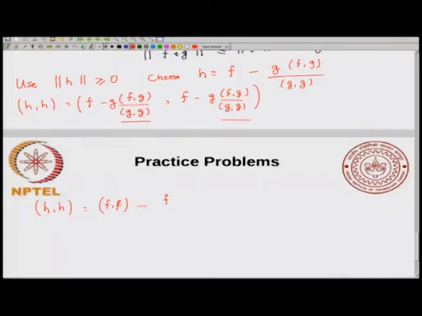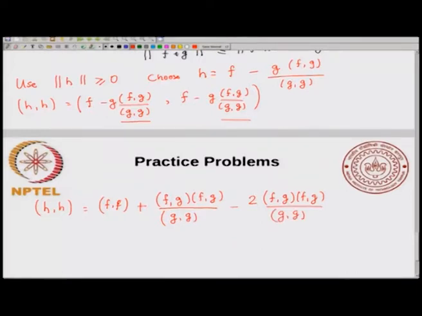Now one of the G G's will cancel, so I will have (F,G) times (F,G) divided by (G,G). And then I'll have two cross terms, this multiplied by this. So F,G and then the same thing here. This is the plus sign, and I have minus 2 (F,G)(F,G) divided by (G,G).